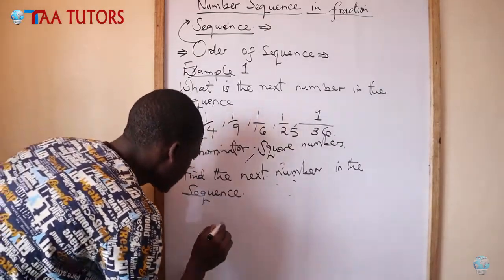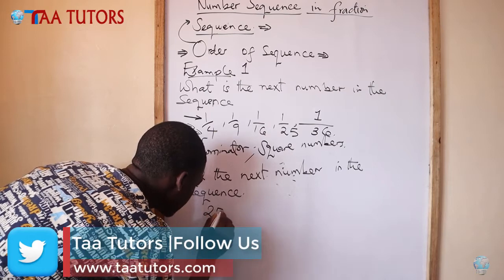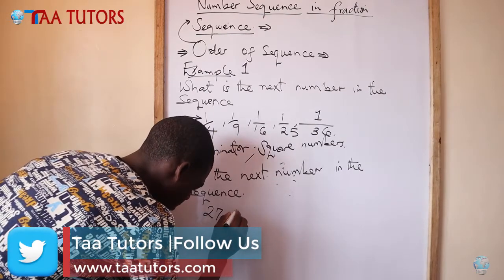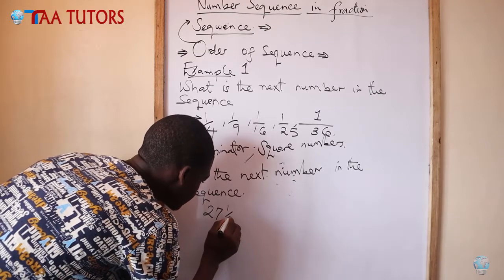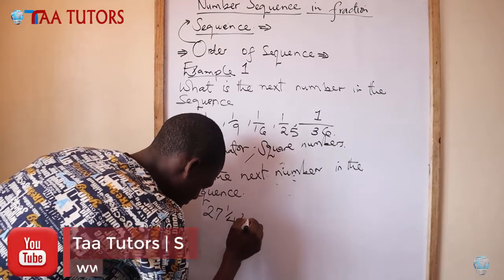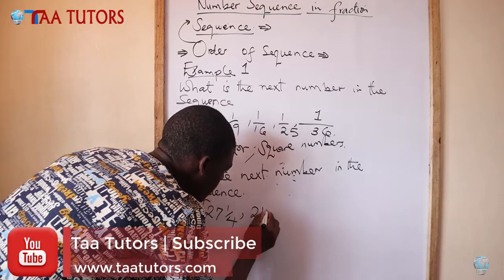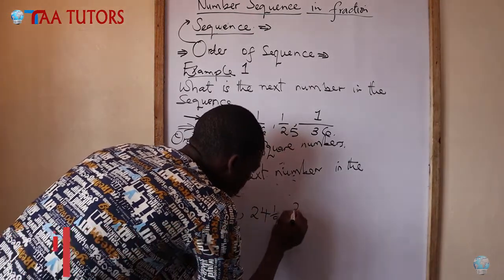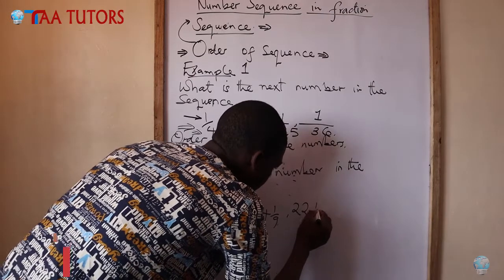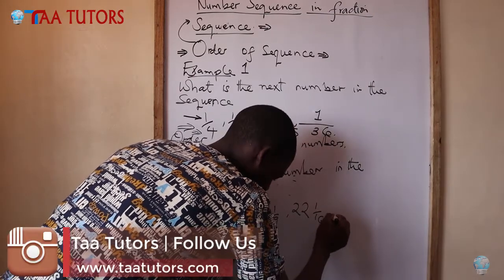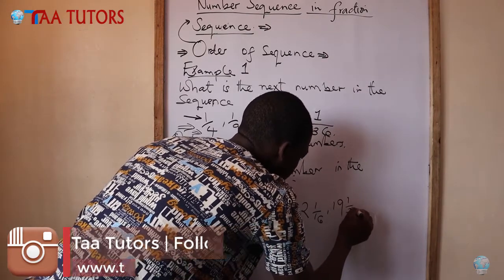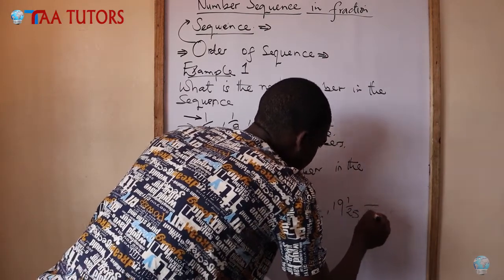The sequence we are given is 27 and a quarter. Then we have 24 and 1 over 9. We have 22 and 1 over 16, and 19 and 1 over 25. Then we need the next.